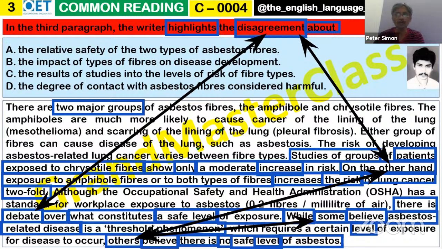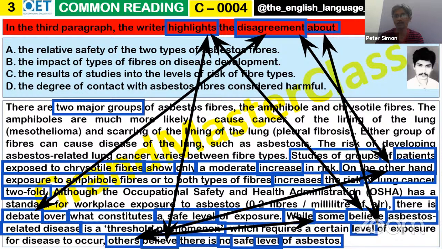Some believe this, others believe this. The writer highlights the disagreement about the level. This is also talking about the level, and this is also talking about the level.